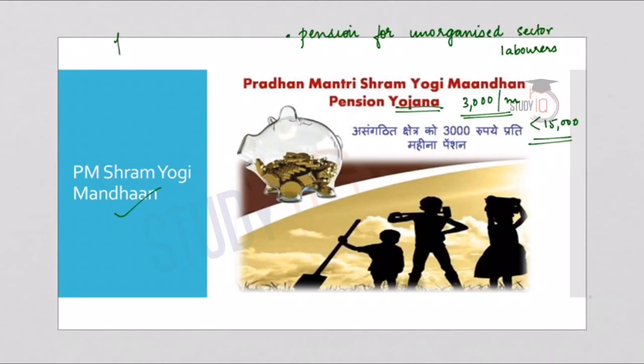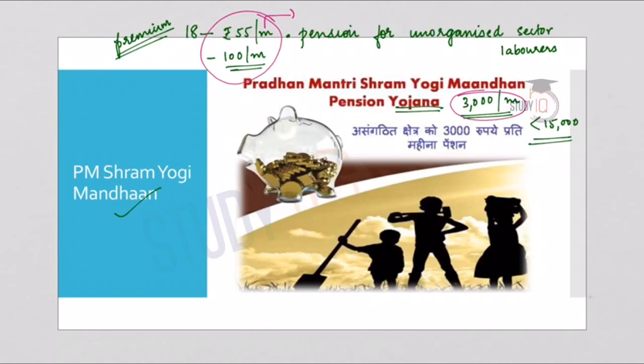And the premium for this pension scheme is different for different age groups. If a person registers at the age of 18, the premium would be rupees 55 per month. Otherwise, it is rupees 100 per month. So, with this premium paid to the government, an assured rupees 3,000 per month pension is guaranteed to the unorganized sector workers or laborers, and it is a social sector initiative.